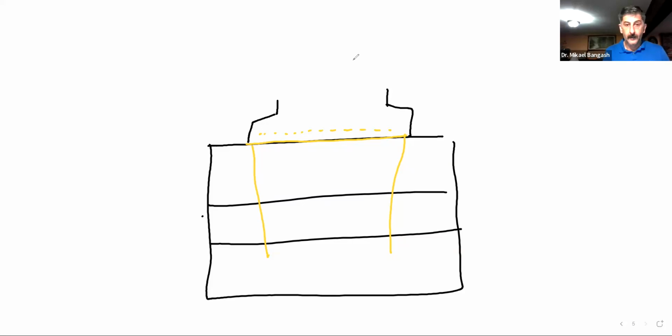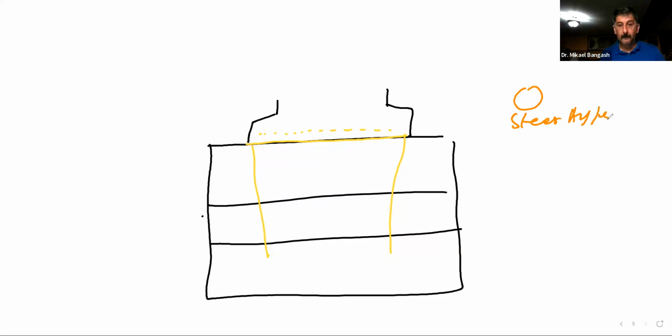Now what is it that we do when we, for instance, turn that knob that says angle steer? Let's say as we turn it one way, the angle is going to be steered in this direction. That means this PZT will be the first one to fire, and this one here will be the last one to fire.